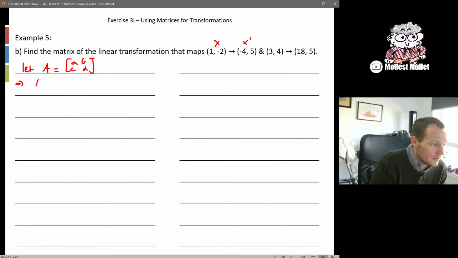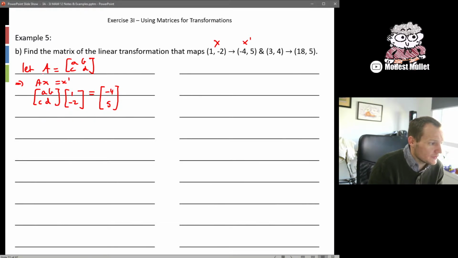So we know that Ax is equal to x dash, so we get a, b, c, d multiplied by, in this case, the original 2, -4, will be equal to 5. So let's do the matrix multiplication.